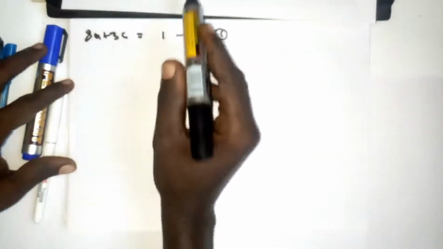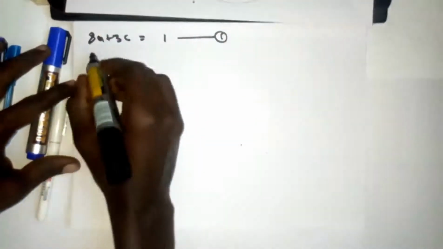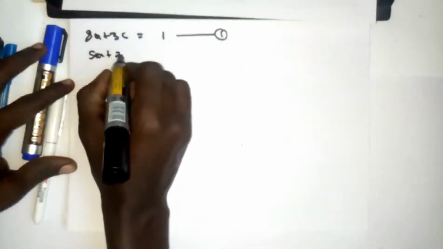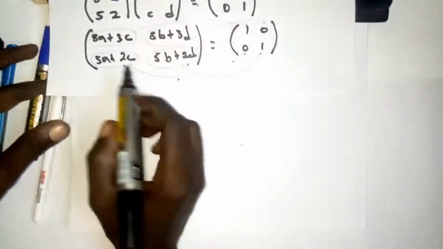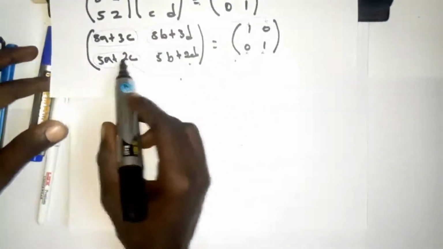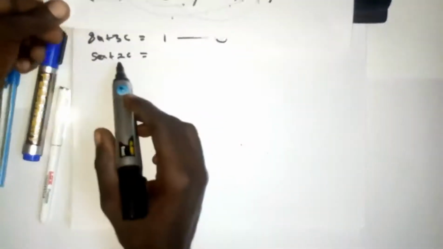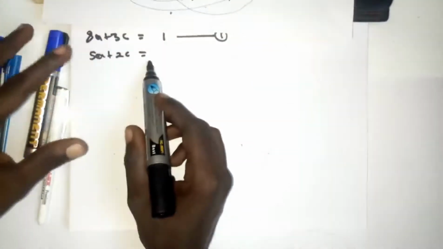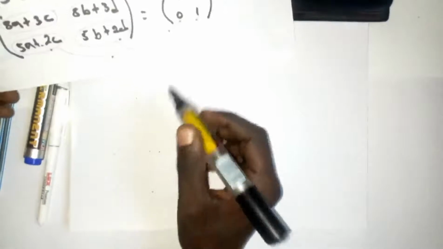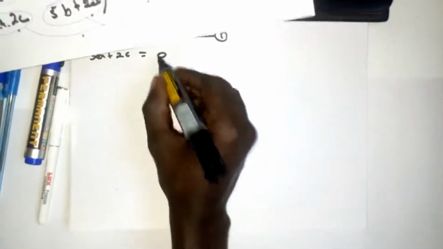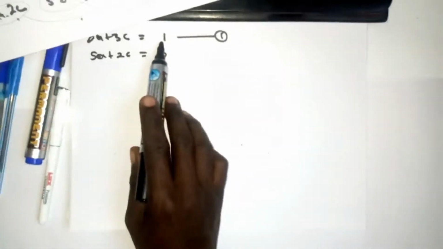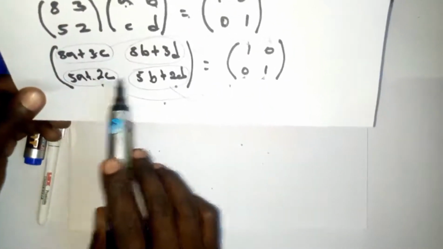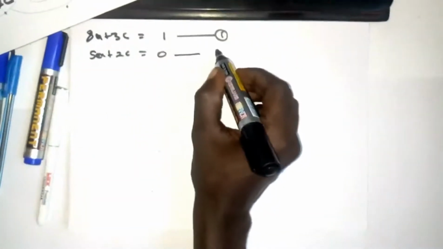Then we are going to form this with this: 5a plus 2c should be equal to 0. If I equate this with that, I form that equation. I call it equation 2.